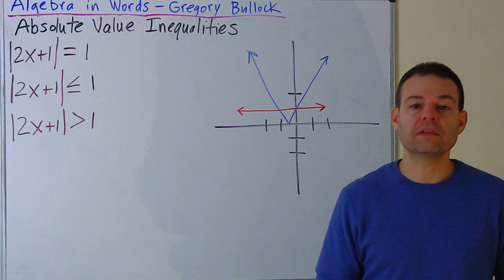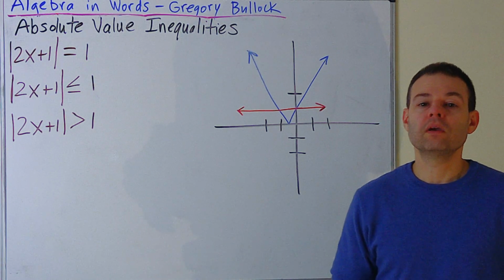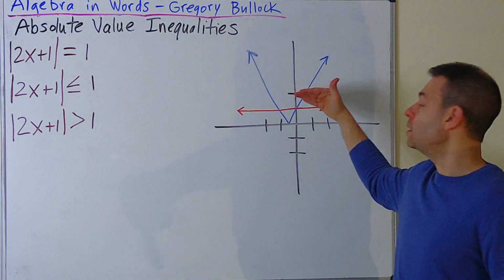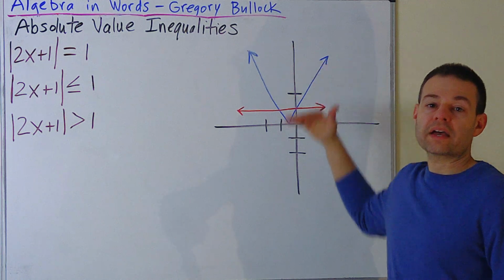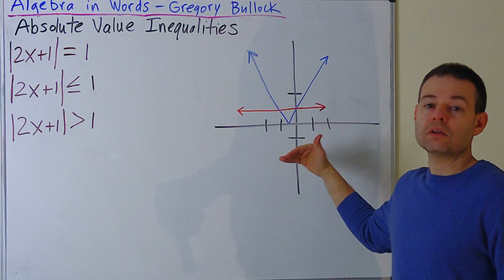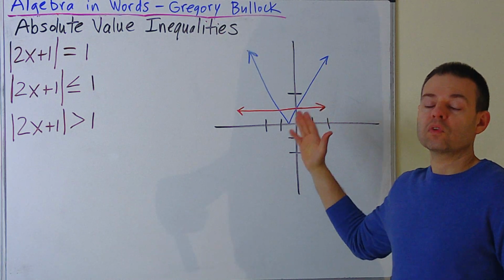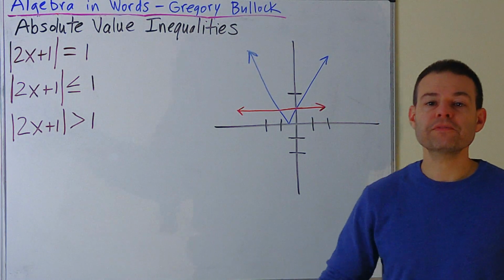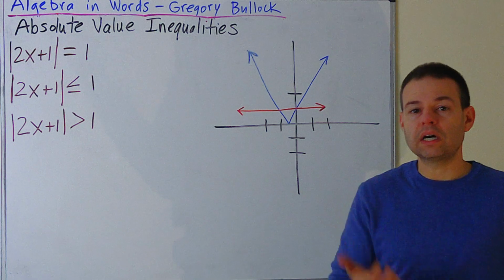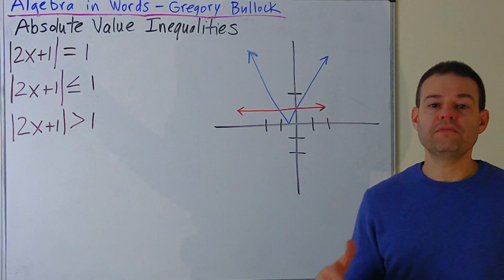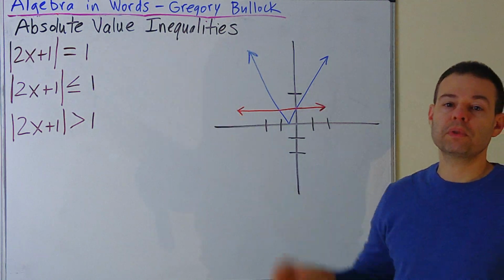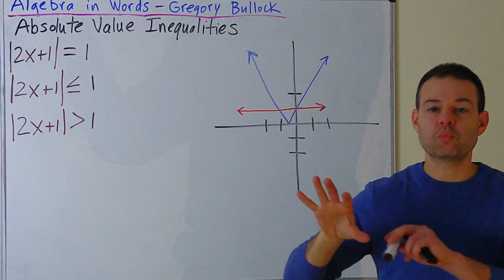I don't go into that in this video, but there could be shifts on the graph where the V could either be higher from the x-axis or lower from the x-axis, or shift left to right, or even flipped upside down. But that's for a separate video. For now, let's just focus on the blue V-shaped graph that is the result of the absolute value of 2x plus 1. Okay, so think of that as one graph.